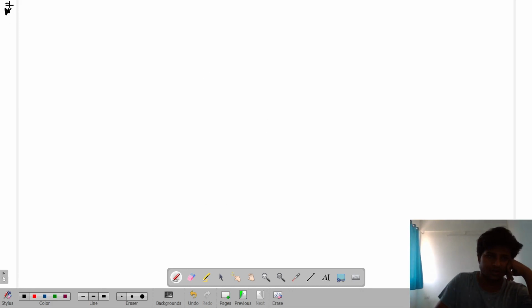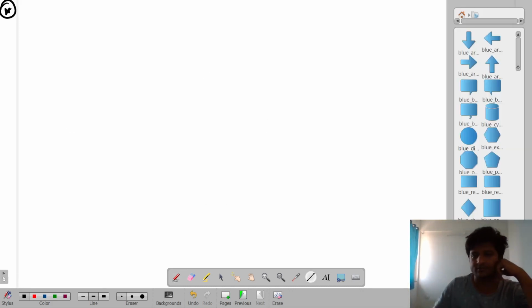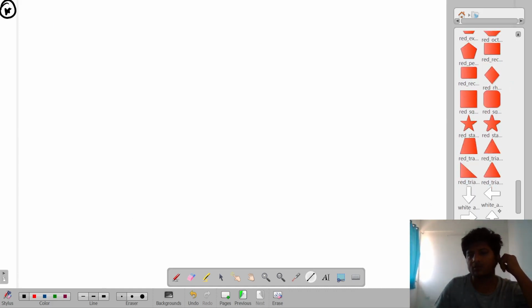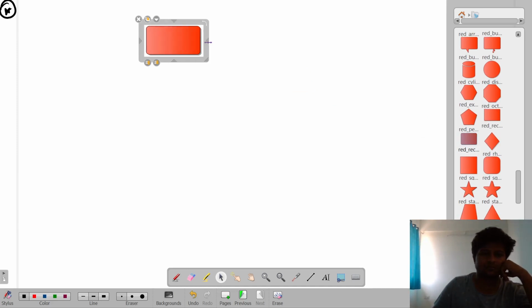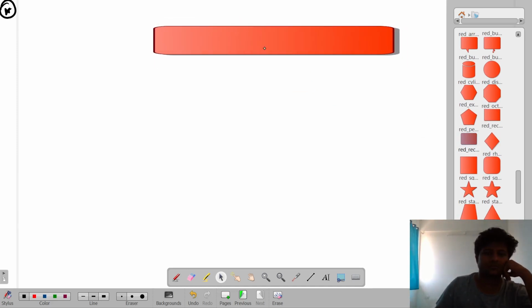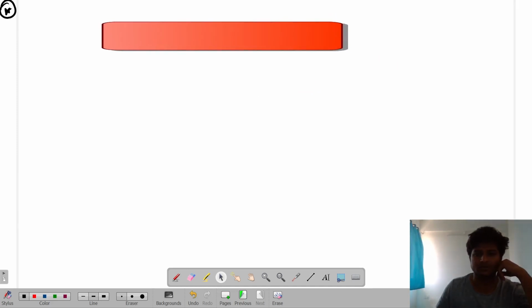Okay, now look over here. The question is, let's suppose I have a straight linear rod, and it's divided into two parts. This is length L. This is also length L. Got it?